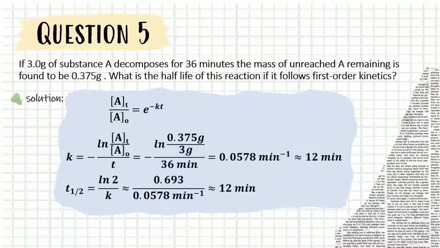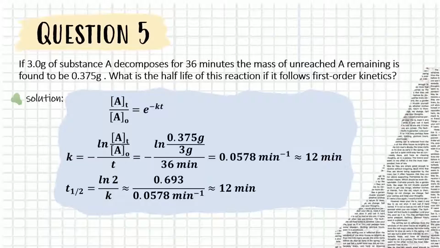Then we move the concentration initial to the other side, and we change the exponential to ln. We got k equal to negative ln concentration final over concentration initial, over t. Then we substitute the values given into the equation, and we got k equal to 0.0578 minute negative 1.